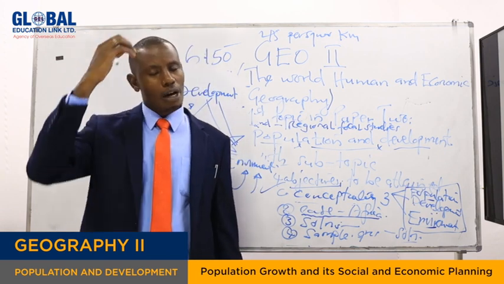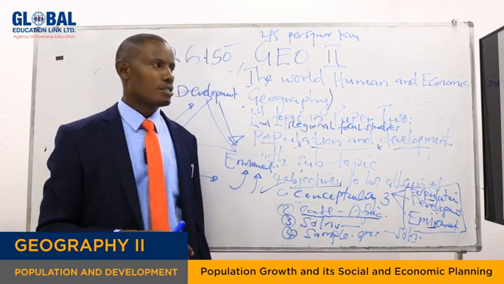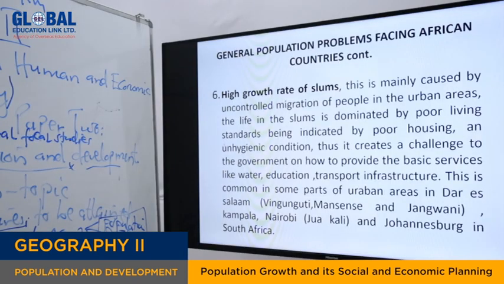The sixth one, we can talk about the high growth rate, especially of slums. This is mainly caused by uncontrolled migration of people into urban areas. Life in the slum is dominated by poor living standards, indicated by poor housing and unhygienic conditions.